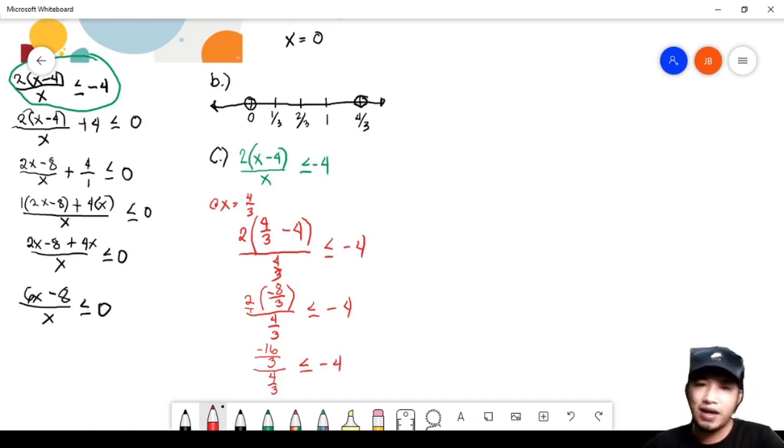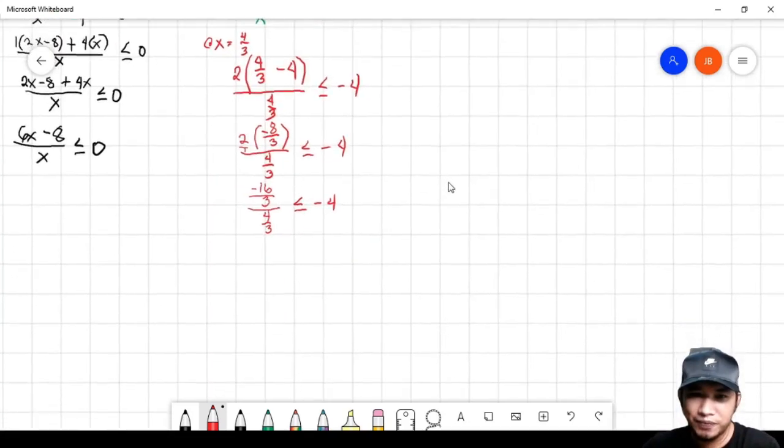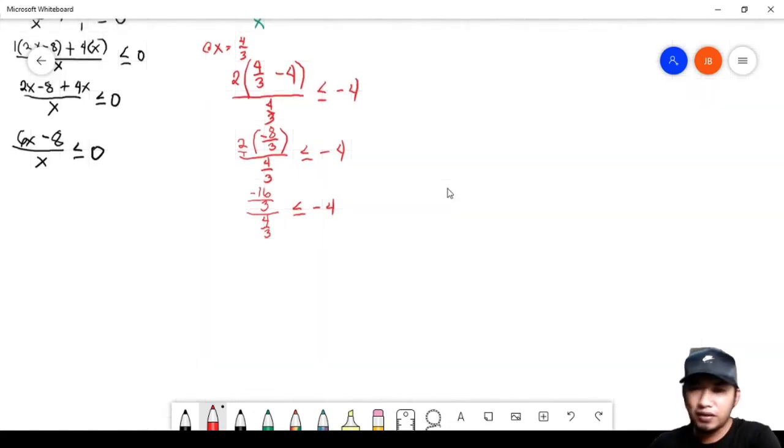Oh, di ba? O, taas natin ulit. Alright. So, para mas mapadalian ka mag-solve ng fraction na ganito, make it in a horizontal form. So, that is negative 16 all over 3 divided by 4 over 3.